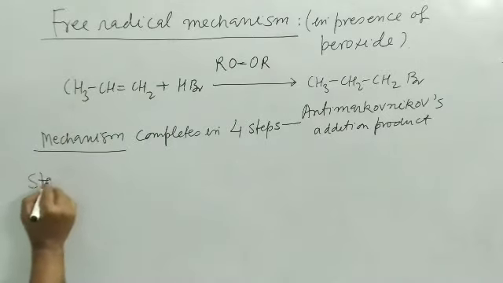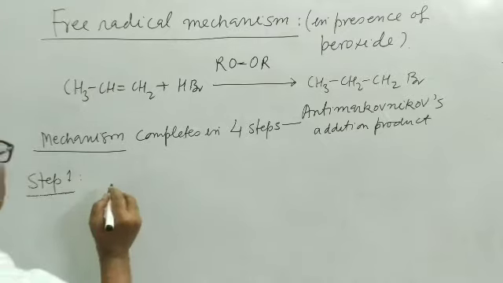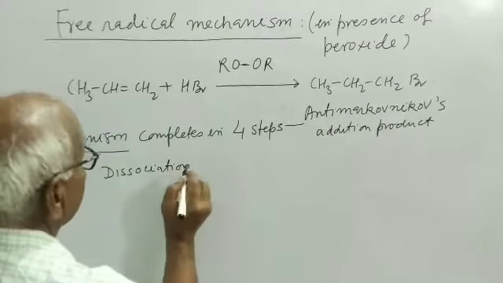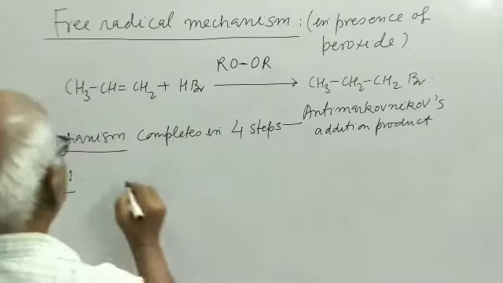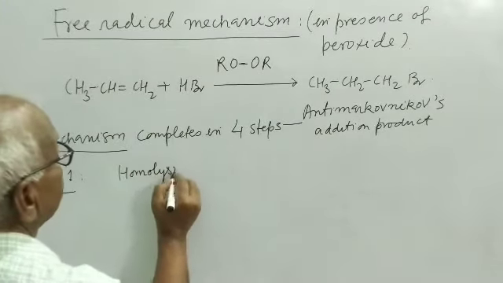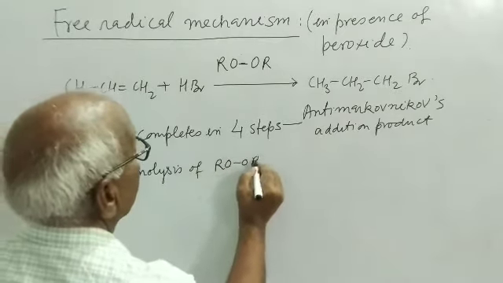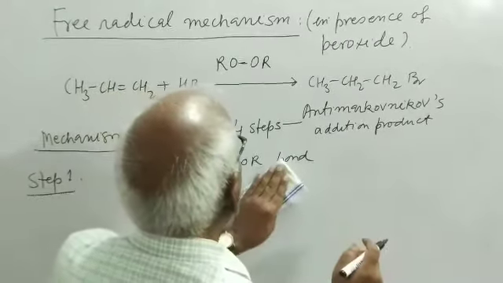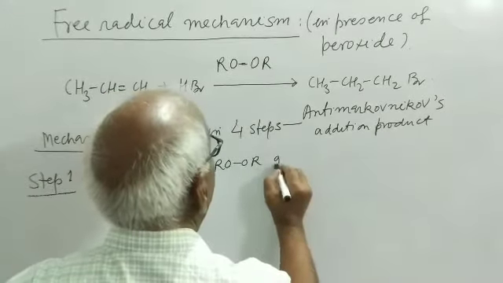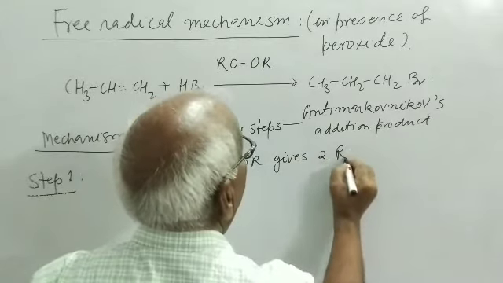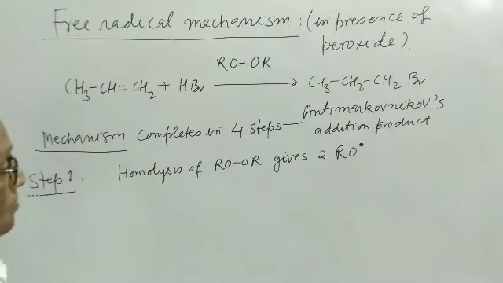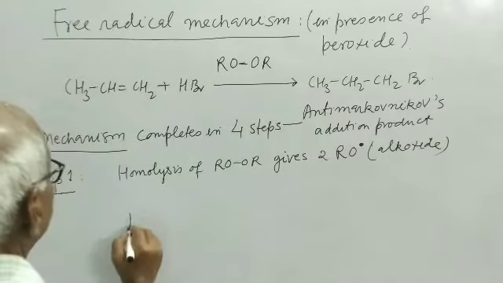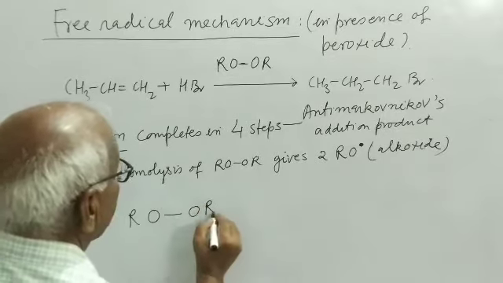Step 1: homolytic dissociation, homolysis of peroxide, of the RO-OR bond, gives 2 alkoxide free radicals. This is RO, this one.